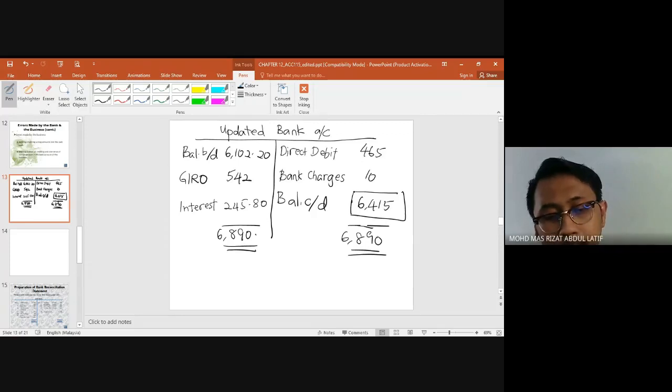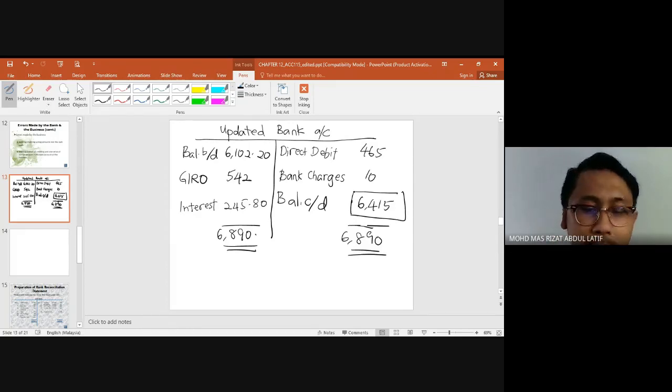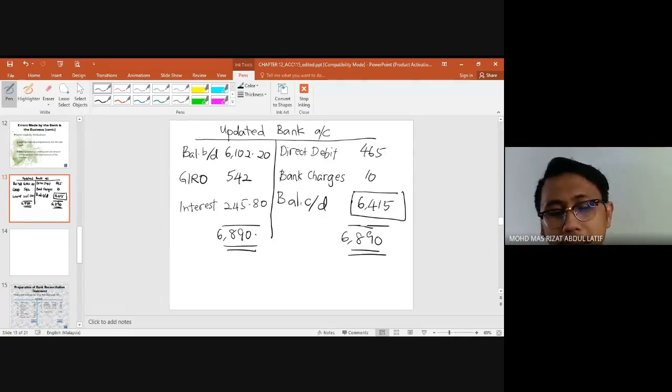Kalau dalam A, unpresented check kita tambah, uncredited lodgement kita tolak. Tetapi dalam B, uncredited lodgement itu yang kita tambah, but unpresented check yang kita tolak. Okay, so if you ask me which method or which format that you can use, is actually either one. Mana-mana boleh, tak ada mana yang lebih, tak ada mana yang kurang, sama je. Okay, if you ask me, sir biasa pakai yang mana? So I memang biasa pakai yang E.